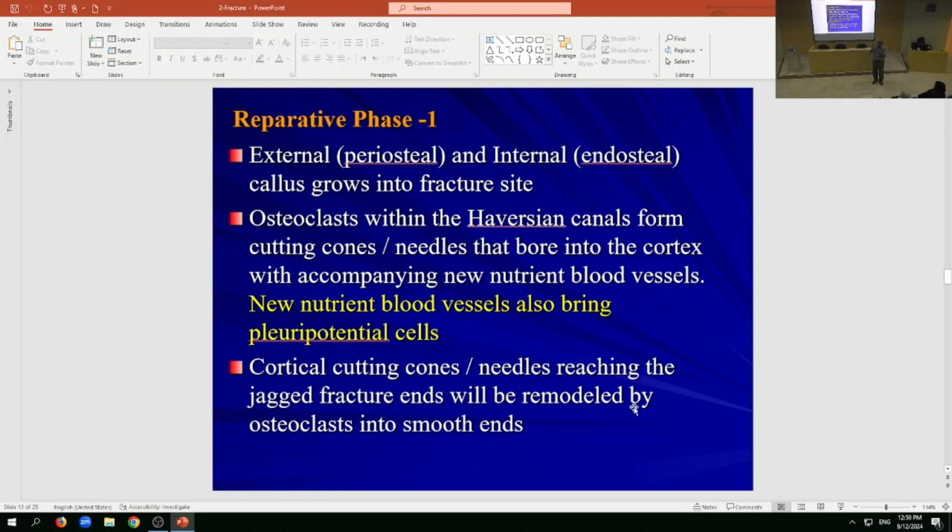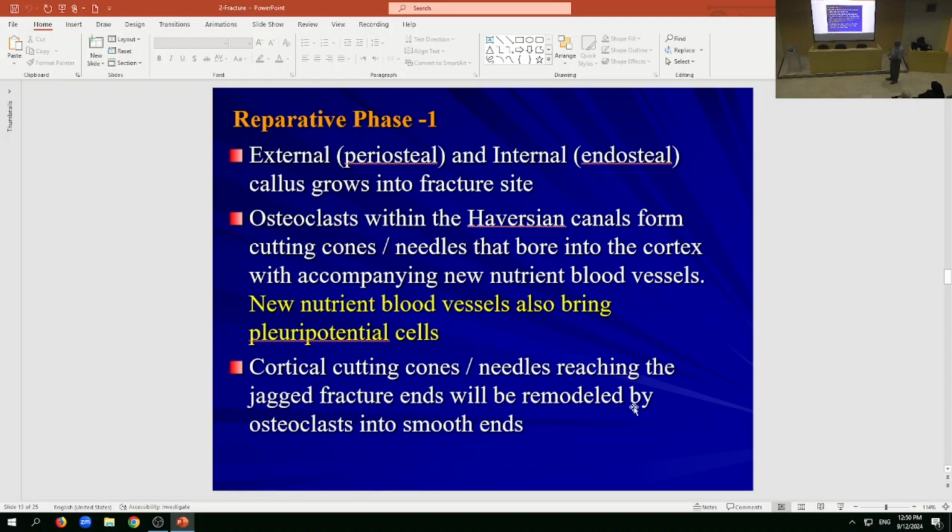The external callus is the one that forms outside, nearer to the periosteum, but the internal will form inside. So you have one fold of callus here and one fold of callus here, just to hold it. The external and internal callus invade into the fracture site.